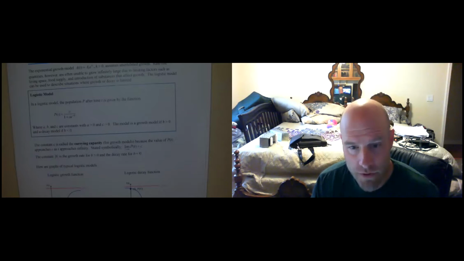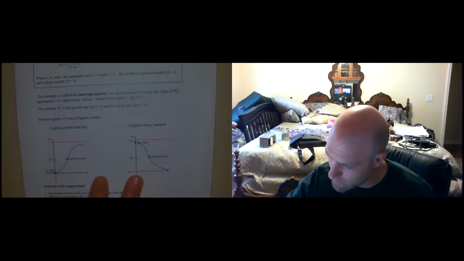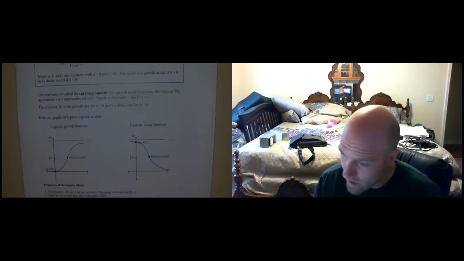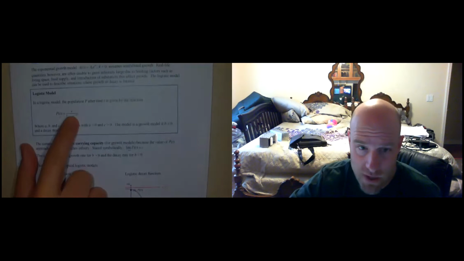The population of the Earth in terms of people can only grow so far because the Earth itself only has so much carrying capacity. It can only provide food for so many people and whatnot. Again, this is not an equation that you need to have memorized. It's simply one that you should be able to look at, explore, understand, and manipulate.